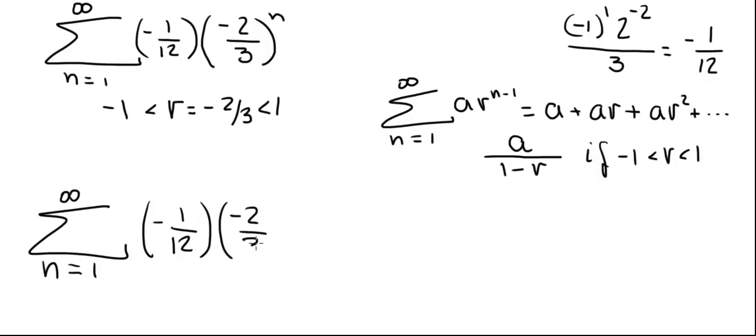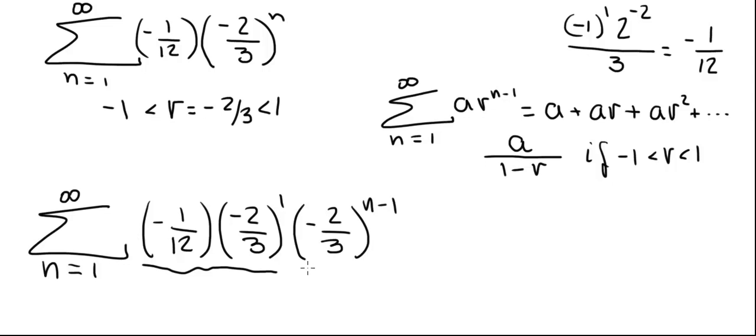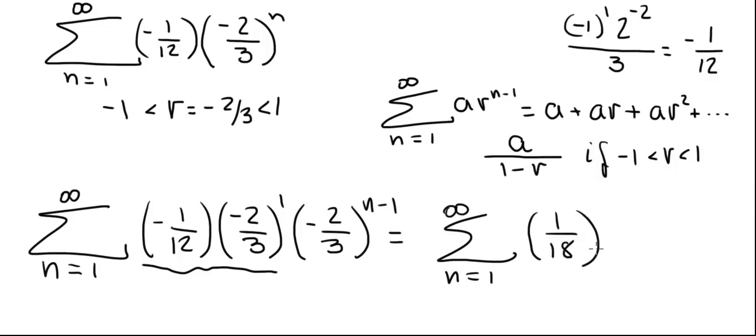So this is (-2/3)^1 times (-2/3)^(n-1). Now we combine these two. -1/12 times -2/3 is 1/18. So this is the summation n equals 1 to infinity of 1/18 times (-2/3)^(n-1).